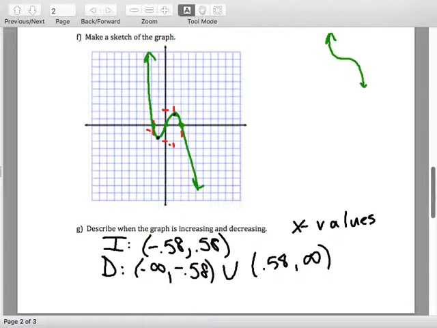All right, questions on that? Wait, shouldn't it be 0.58 to negative infinity? Ms. McInerney? Yeah, which one? The last one for decreasing, shouldn't it be 0.58 to negative infinity?